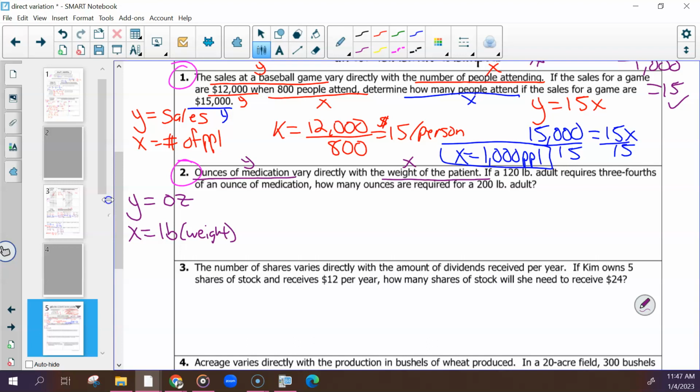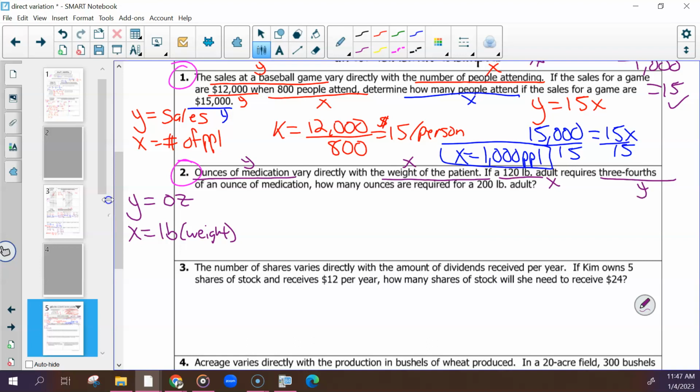If a 120-pound adult requires 3/4 of an ounce of medication, so the 120 pounds would be our X. The 3/4 of an ounce would be our Y.